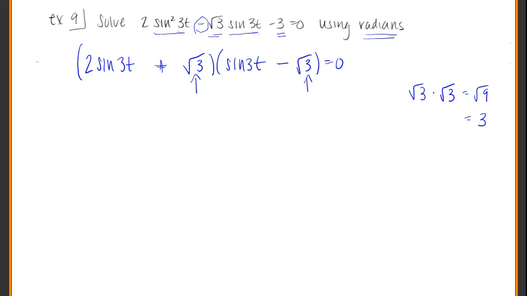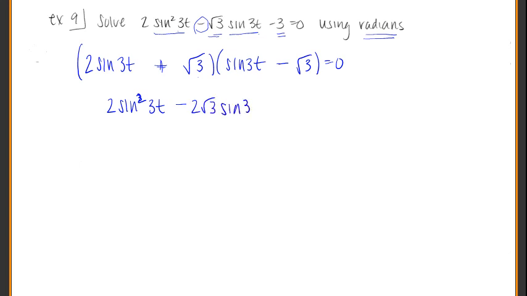Okay, so let's come over here and check all this out. Let's multiply this together and just real quick, take 2 seconds, and let's make sure that we actually get our polynomial back. So front to front would be 2 sine squared 3t. Outsides would be a negative 2 square roots of 3 sine 3t.